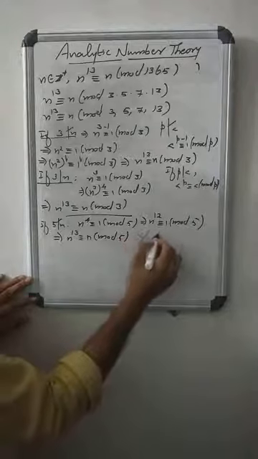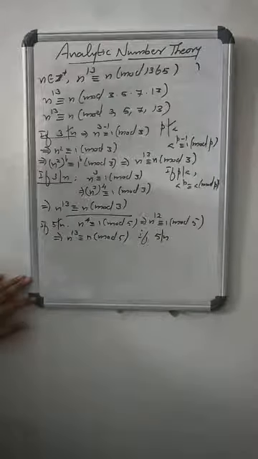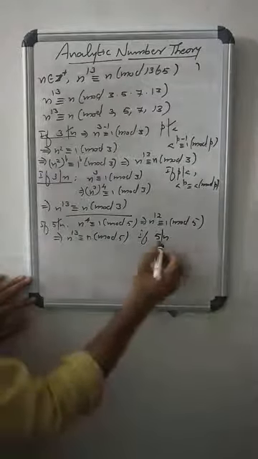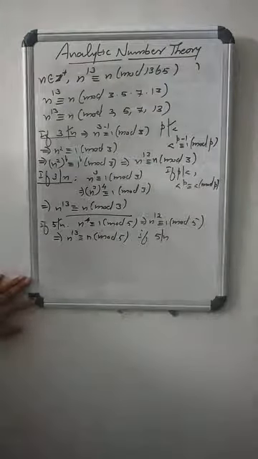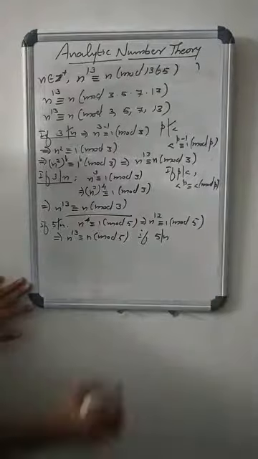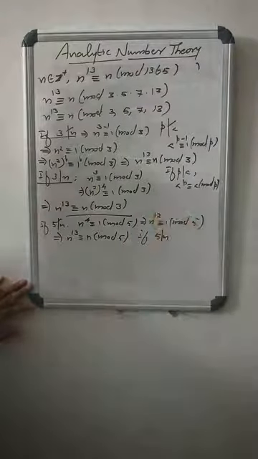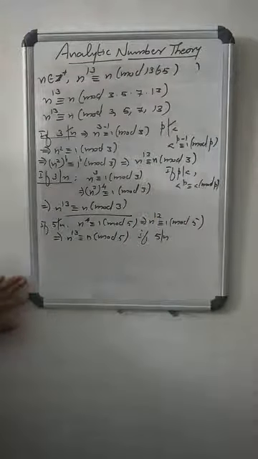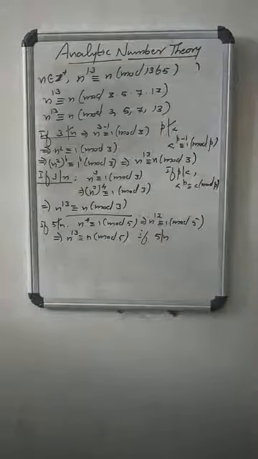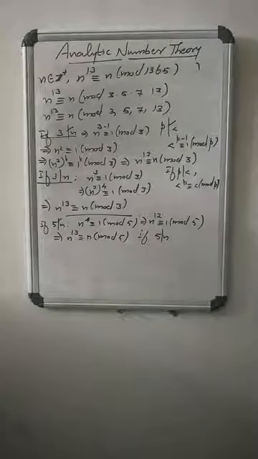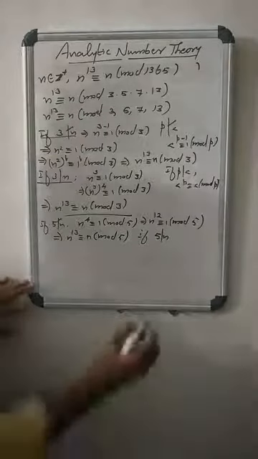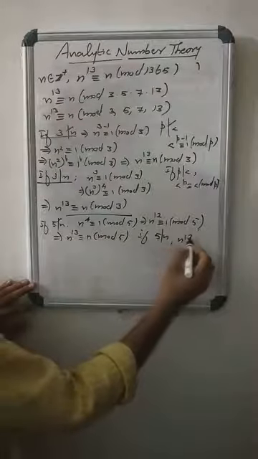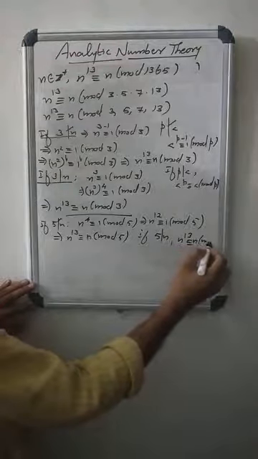If 5 divides n, then by the little Fermat theorem, a power p is congruent to a mod p, so n power 13 is congruent to n mod 5.